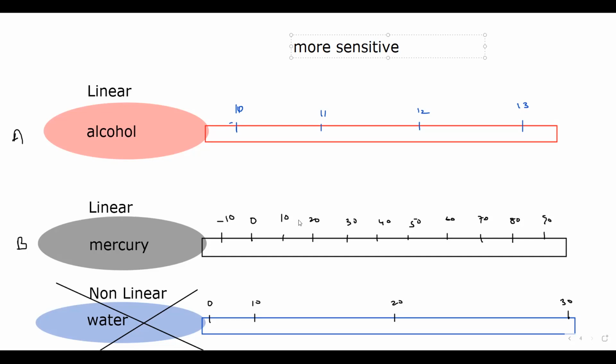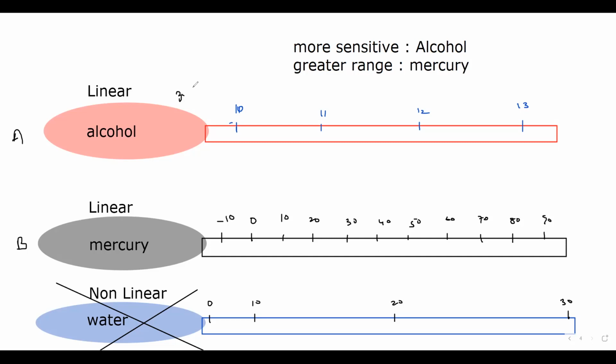So which is more sensitive? It is alcohol. Which has a greater range? Mercury.